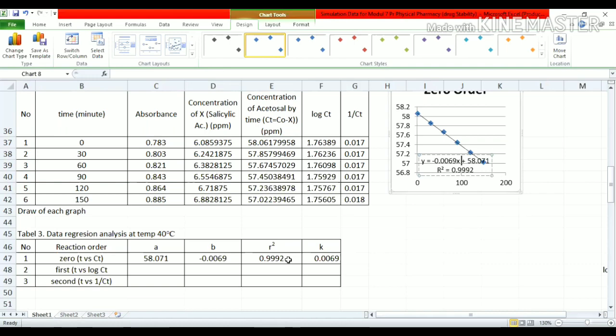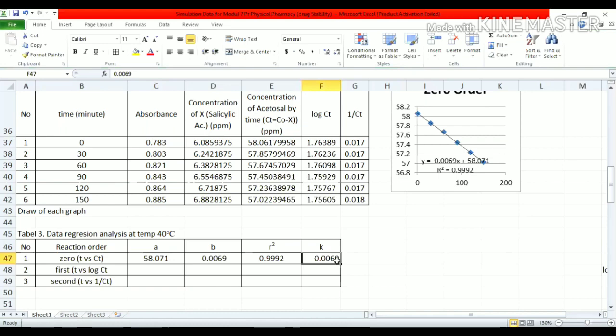And next, we have to compare with the first order. So we insert the same type of graph using scatter. Okay, so we have selected data.